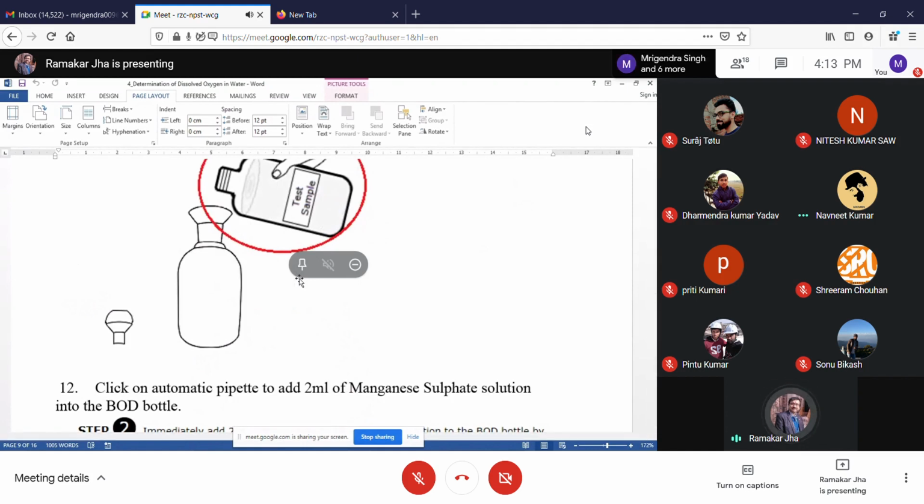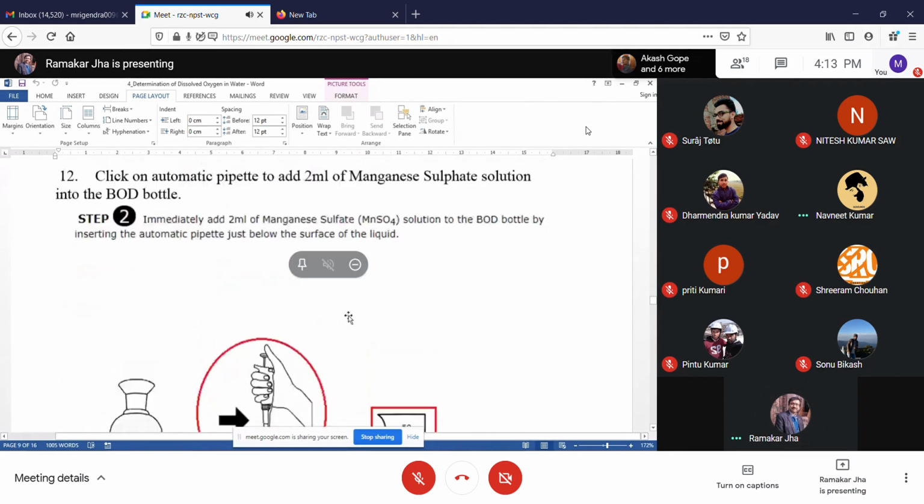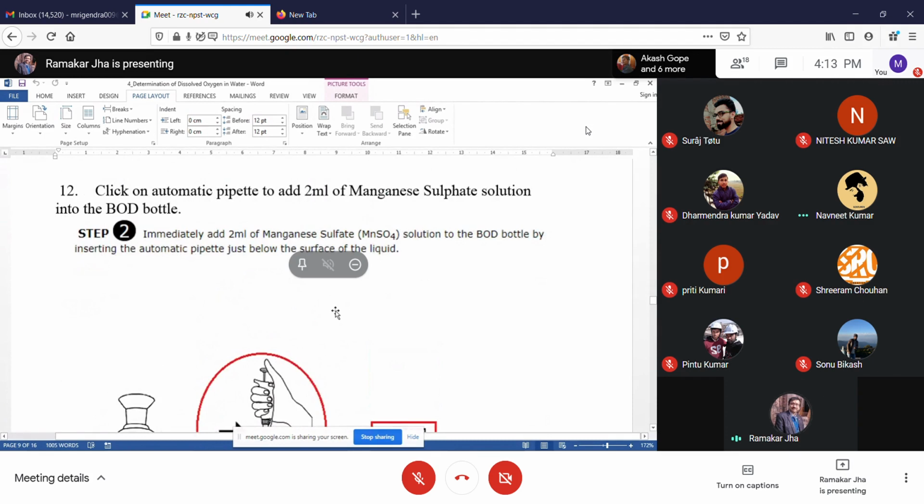We have used the potassium and sodium and all different chemicals and did the analysis to find out the normality. Once we got that, what will you do? Take the sample, immediately add 2 ml of MnSO4.